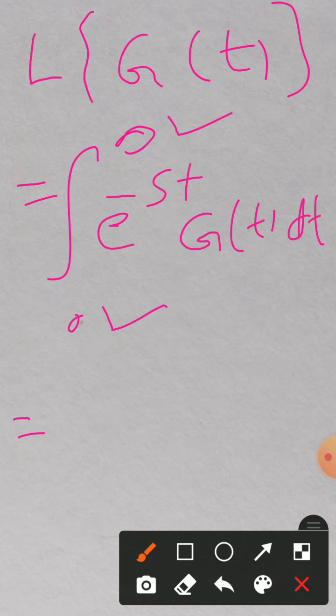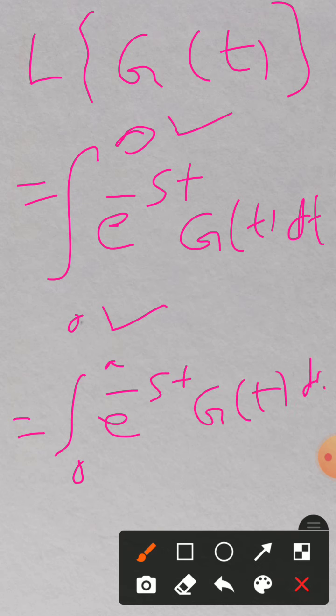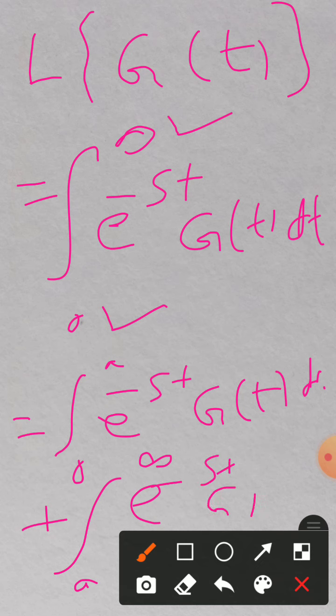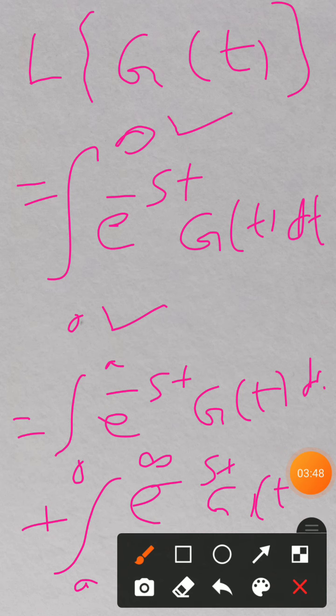First integration will have the limits 0 to a, and second integration will have the limits from a to infinite. That is, this can be rewritten as the integral from 0 to a of e raised to power minus st g(t) dt plus the integral from a to infinite of e raised to power minus st g(t) dt.